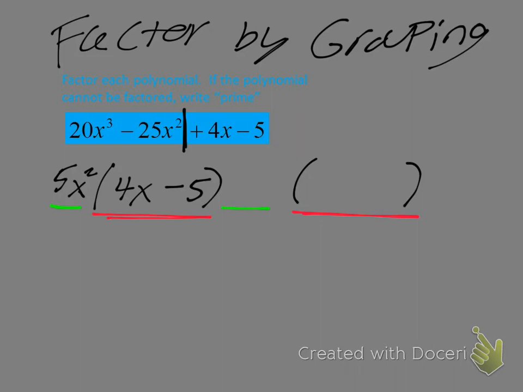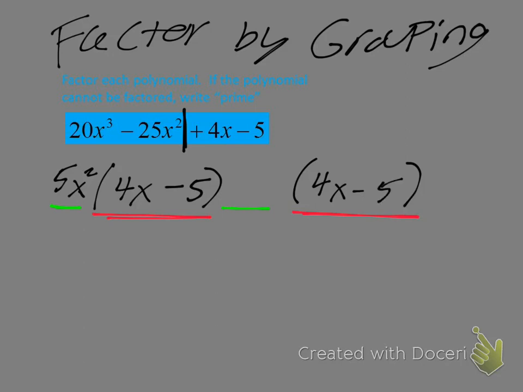The green we'll get to. The red is 2 binomials. In order for this to work, the 2 binomials you make up have to be the same. So since our first one was 4x minus 5, that automatically means our second one has to be 4x minus 5.